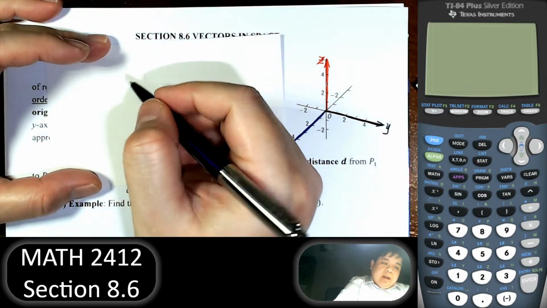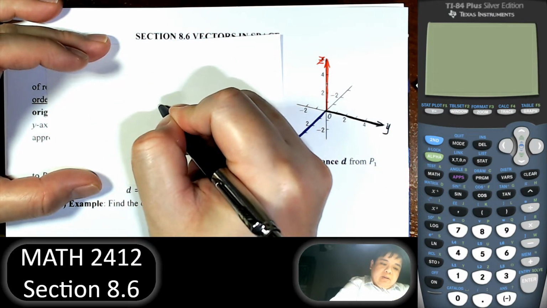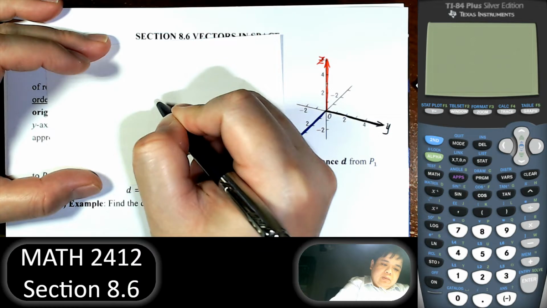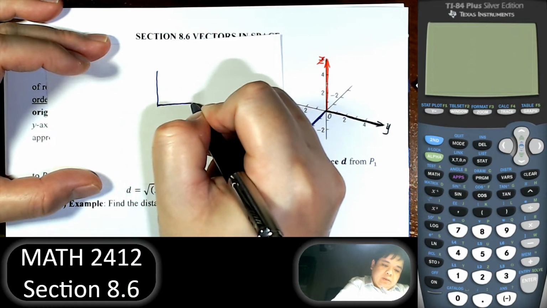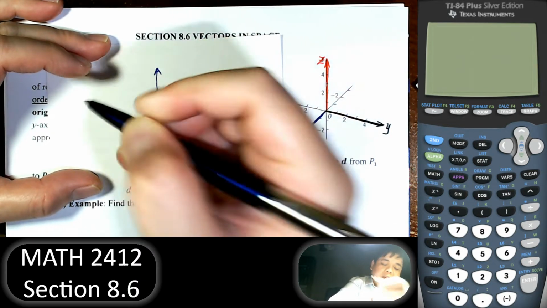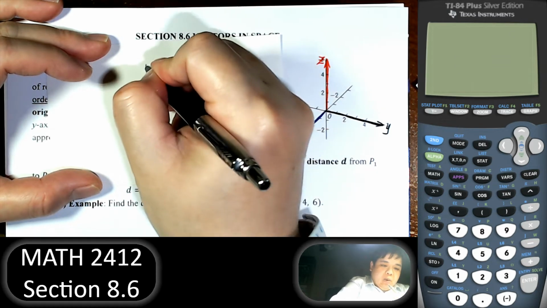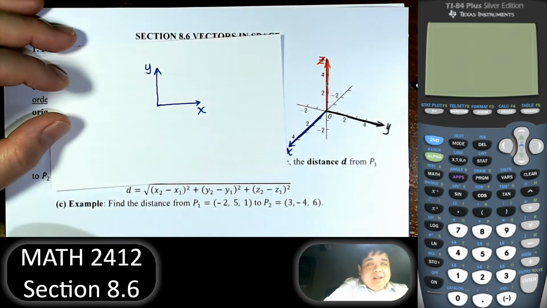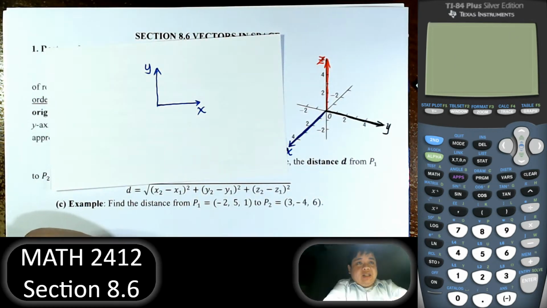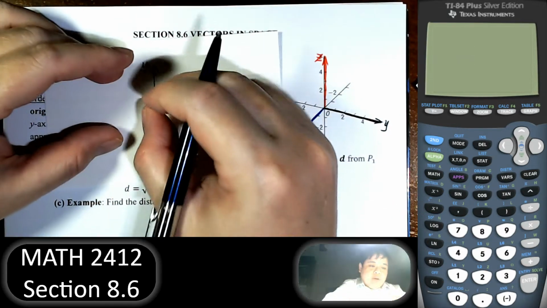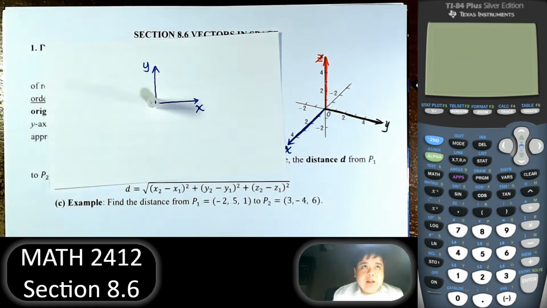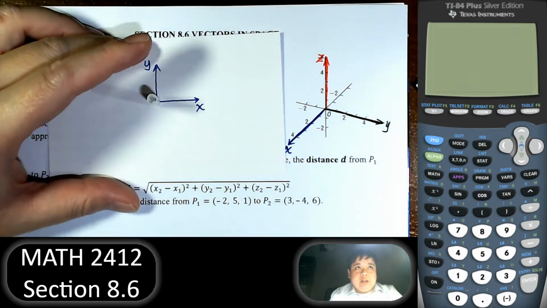So let's say if we're going to draw the x and the y-axis like this, then what will be the z-axis? Well, the z-axis in that case is going to be pointing out of the page, will be this, and all 3 of them are perpendicular to each other.